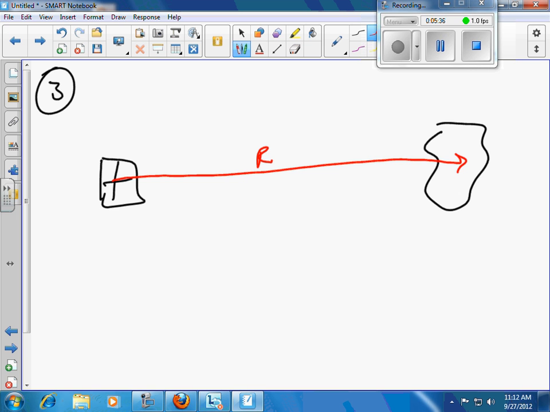Now, would you agree with me that the resultant is what we'll call the ball's vector plus the wind vector? Would you agree that the resultant is the ball plus the wind? The overall resultant is whatever the ball speed is plus whatever the wind speed is.